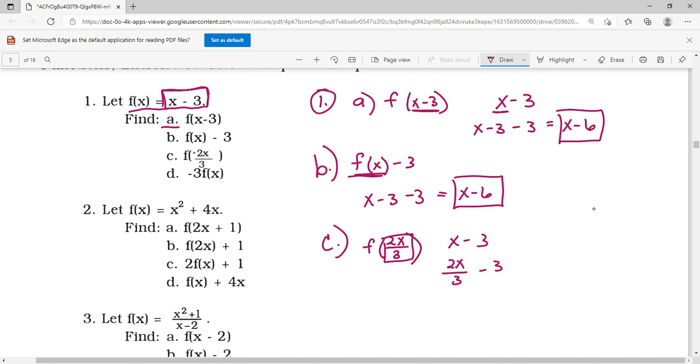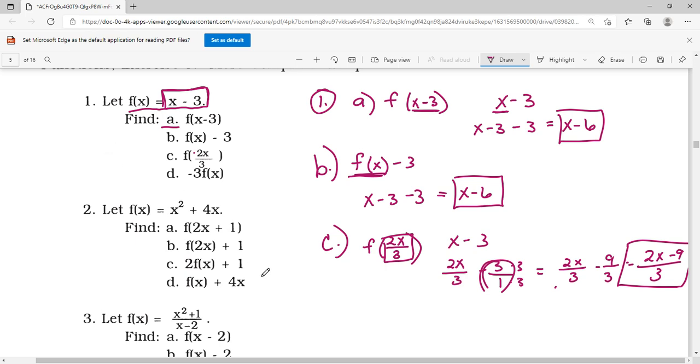Okay, now to make these have the same common denominator, that's 3 over 1, right? So if I do this times 3 over 3, I would get minus 3 times 3 is 9 over 3, 9/3, right? So I just changed this 3 into 9/3 so that I could have our bottoms the same. And we get 2x minus 9 over 3. So that'd be the answer to that one.